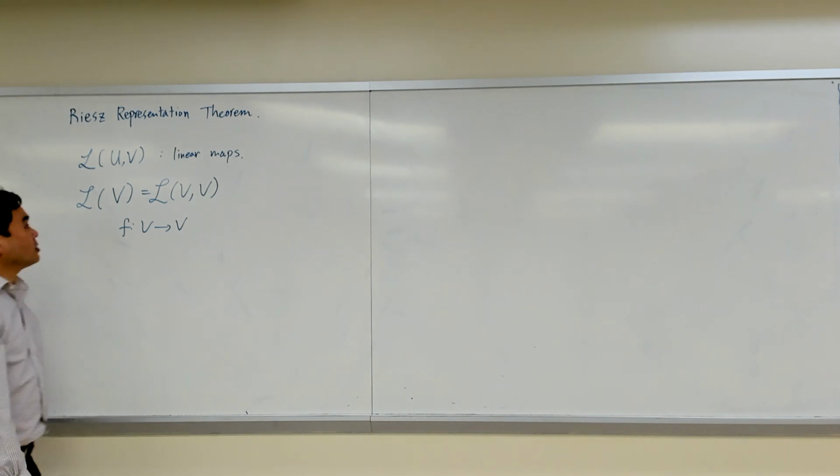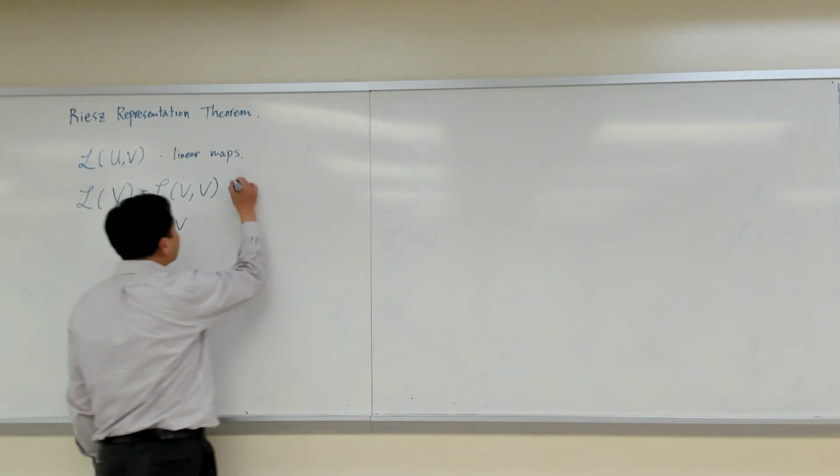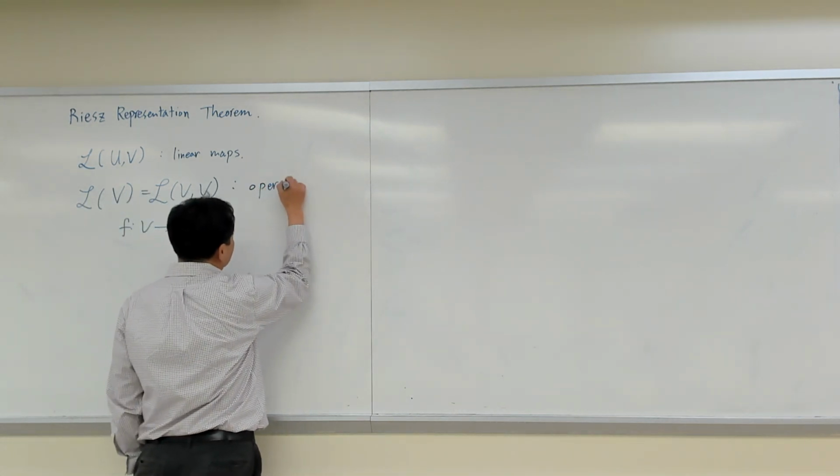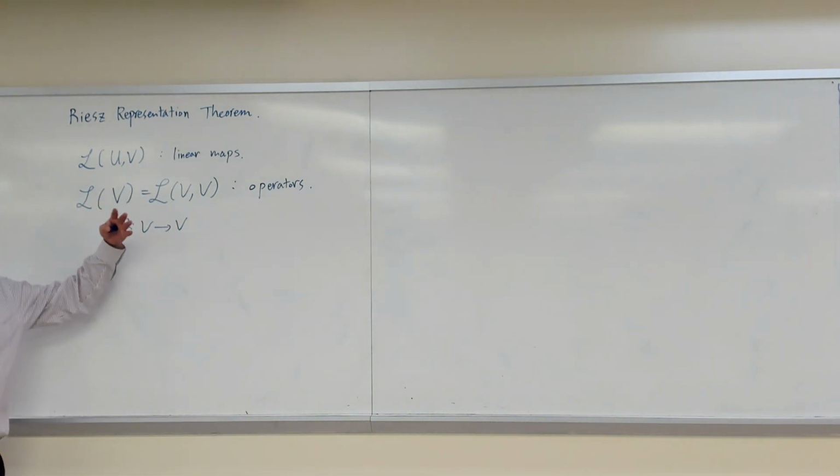These are called what? We call these operators. So linear maps whose target space and domain are the same are called operators.